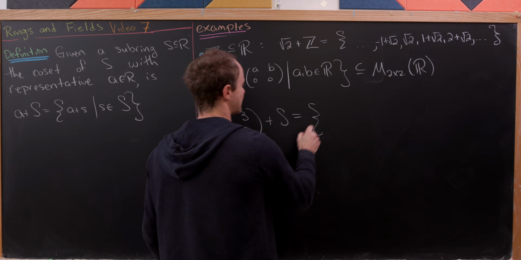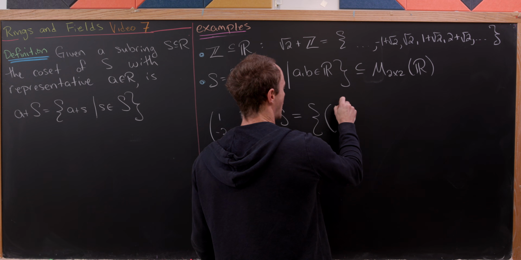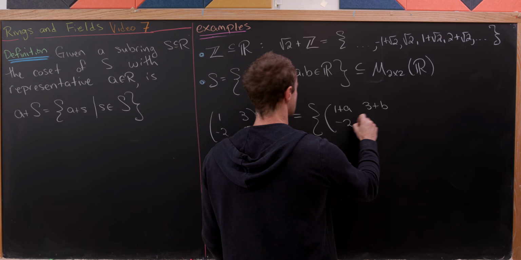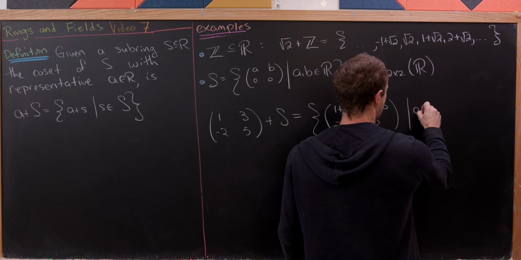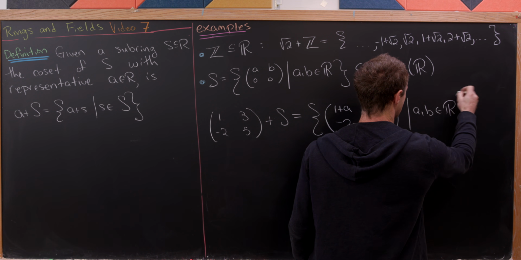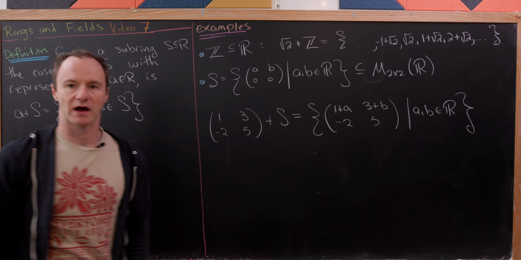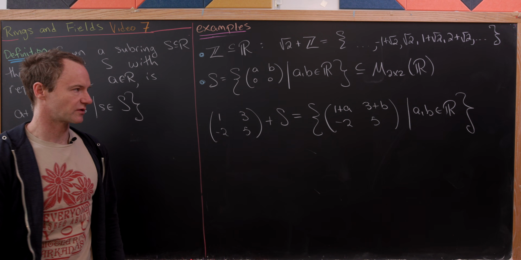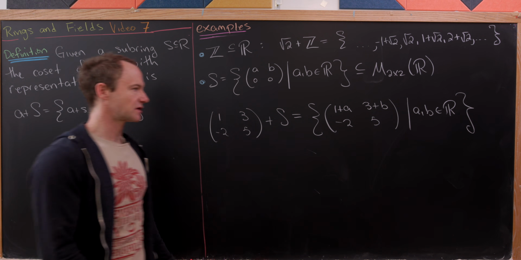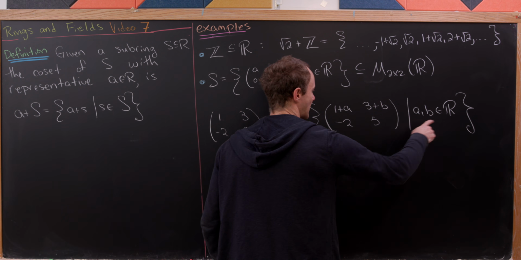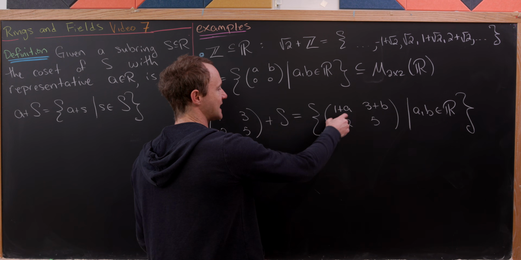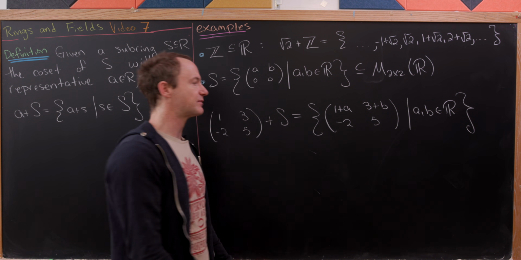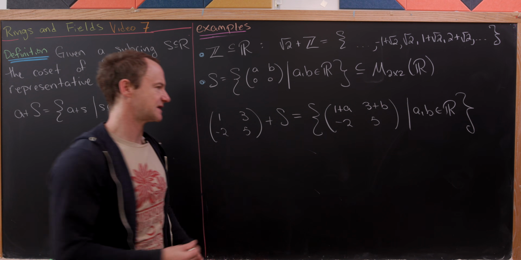So let's observe that that's going to be everything of the form 1 plus a, 3 plus b, negative 2, 5, as a and b range through all real numbers. We can't really make a list here because of the parameterization of our subring. But now I'd like to observe that since a and b are ranging over all real numbers, I can simply replace 1 plus a with a and 3 plus b with b by re-indexing, if you will.